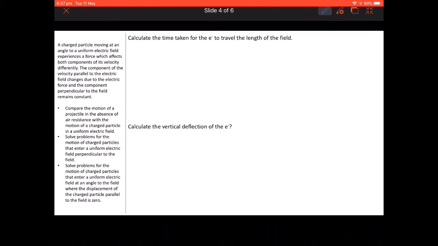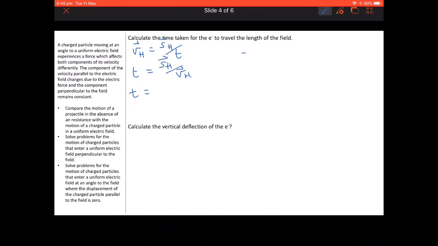So to work this out, we just use our rule for horizontal velocity, which we know is going to be constant. So that will just be velocity equals displacement over time. And we'll just rearrange this to get time is equal to the horizontal displacement divided by the velocity.